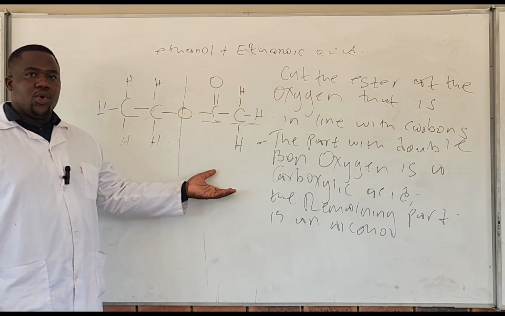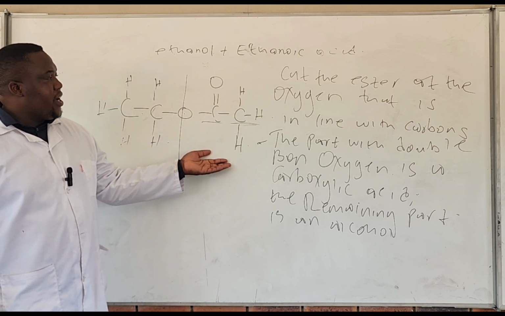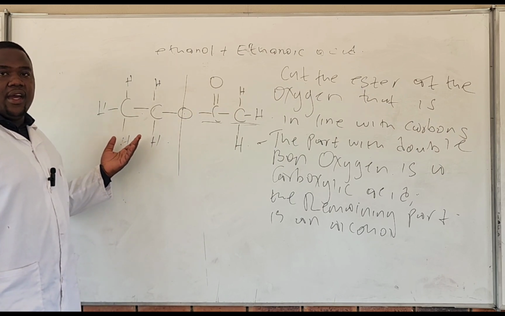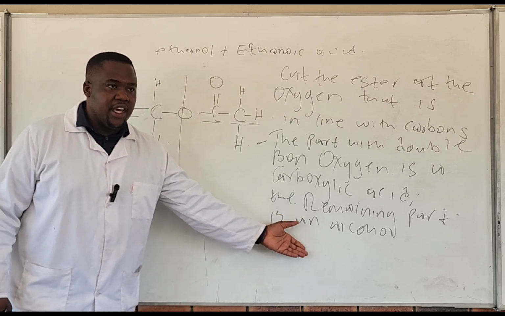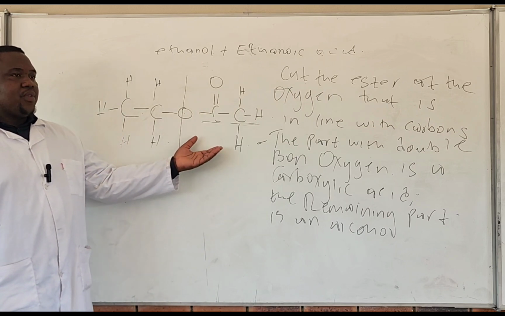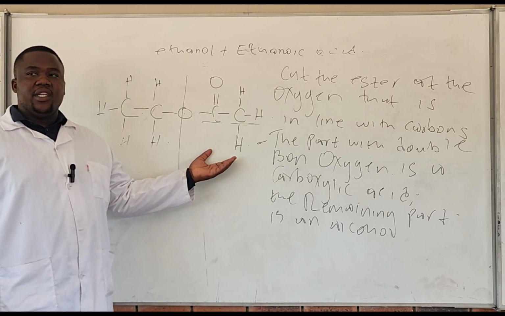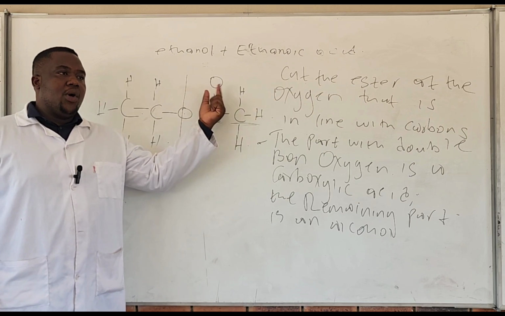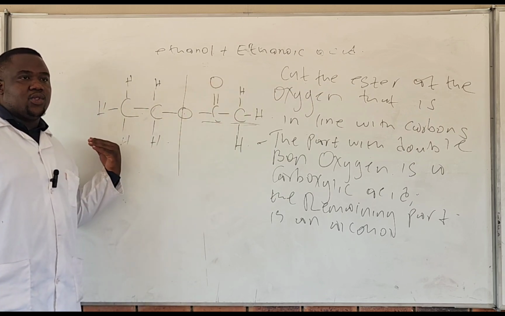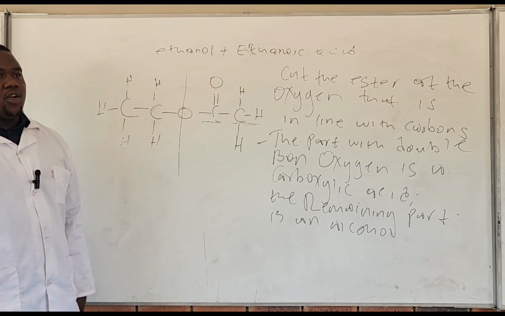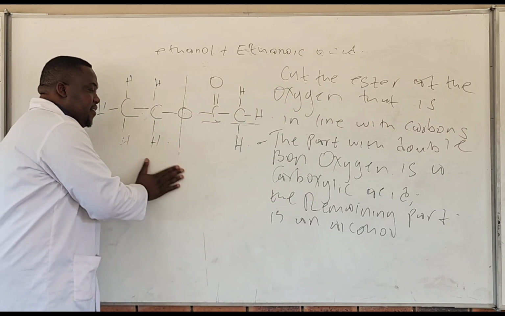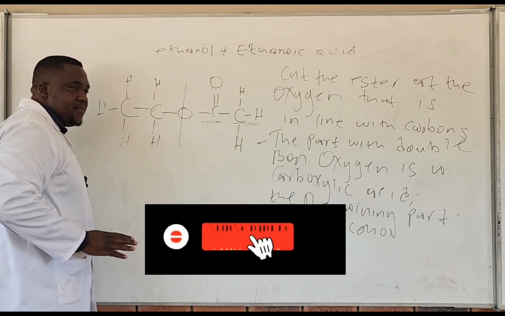How do you know between the two which one is the carboxylic acid and which one is the alcohol? I said that the part which has the carboxylic acid is the part with the double bond oxygen, and the other part is going to be the alcohol.